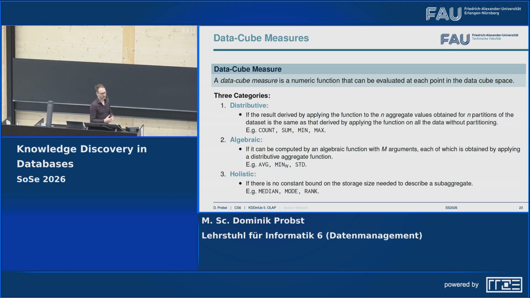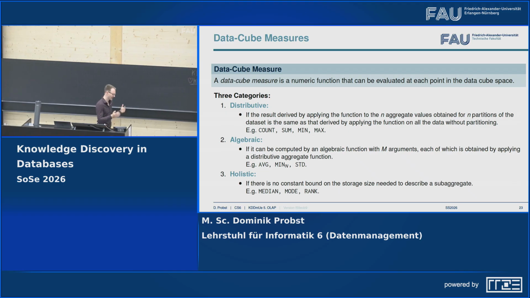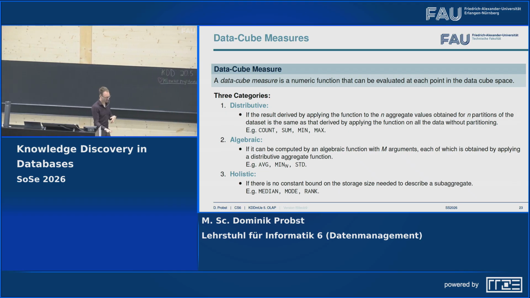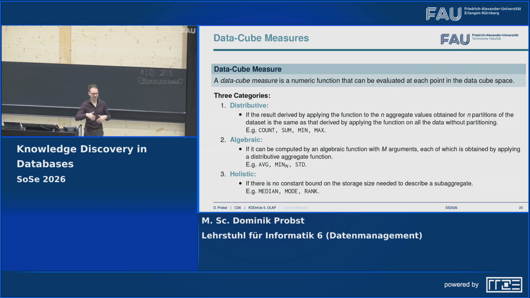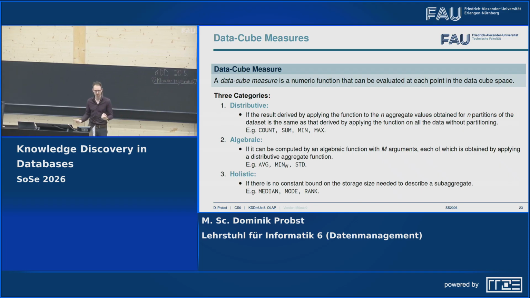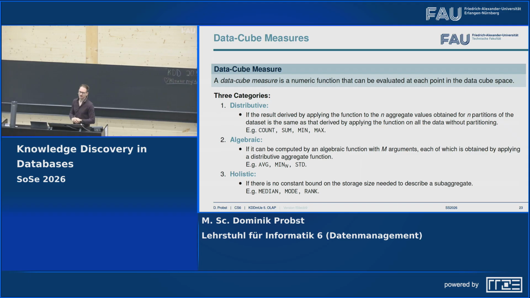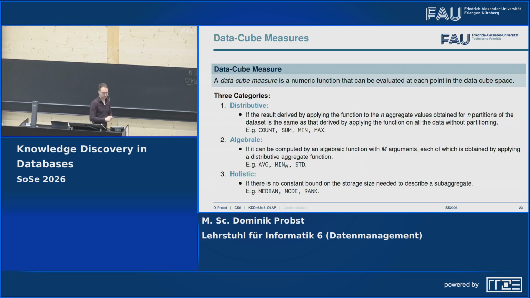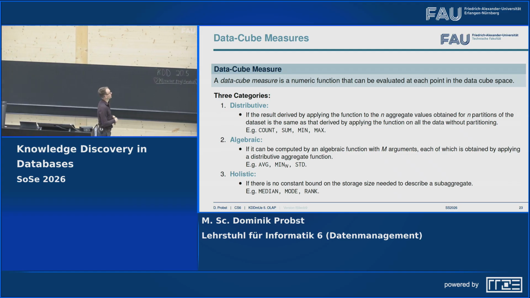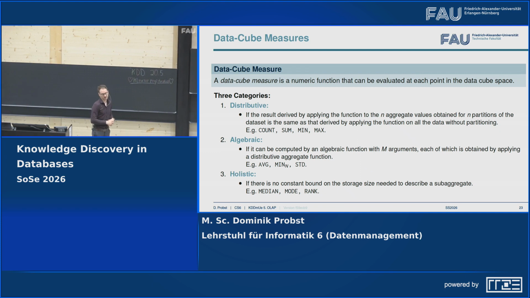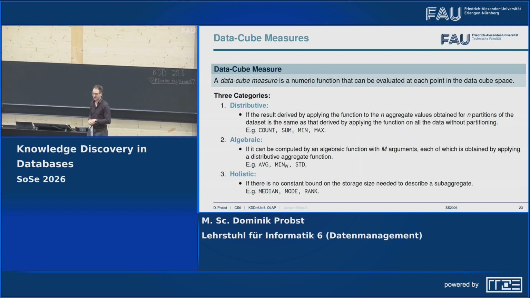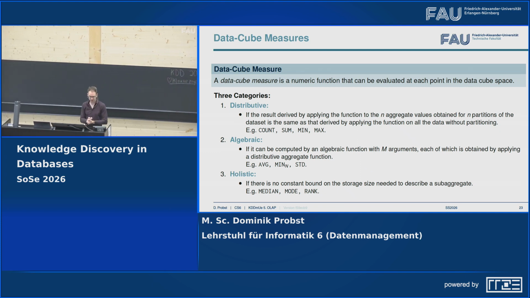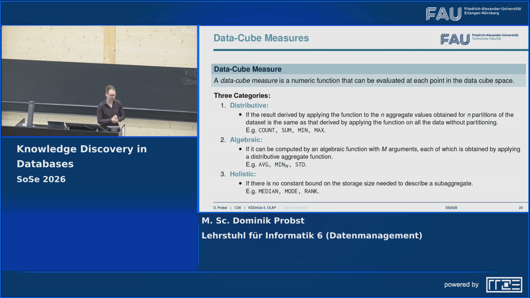First, let's say what a measure is. A measure can either be a single fact, or it can be a data cube measure, which is an aggregation function used in a data cube to evaluate different things in there. The first categorization we want to talk about is the categorization between distributive, algebraic, and holistic measures.